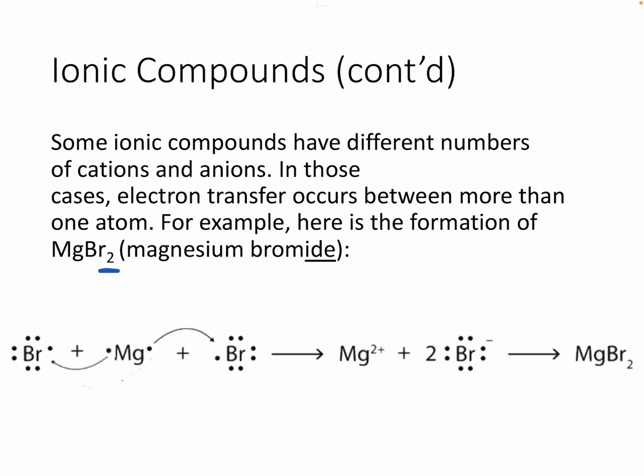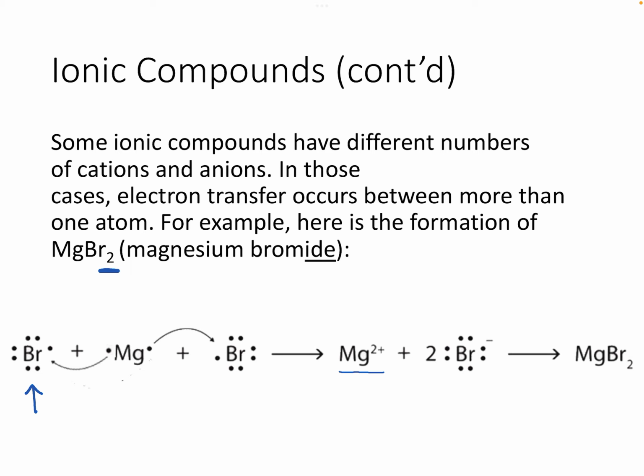So again, we have magnesium, which has 2 valence electrons. So if it gives up those 2 valence electrons, then it will have 8 valence electrons like a noble gas. We saw that earlier in the last video. So magnesium ends up with a 2+ charge when it's an ion. Now, if we just focus on one of these bromines, so let's say the one on the left, bromine is similar to chlorine. It has 7 valence electrons. So it wants to gain 1 electron in order to become like a noble gas and have 8 valence electrons.